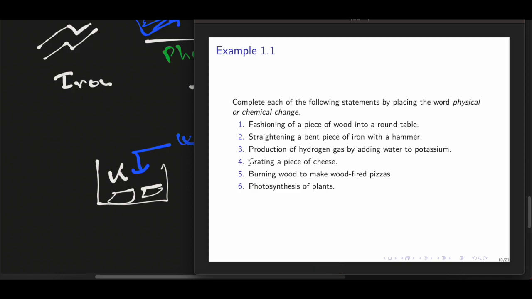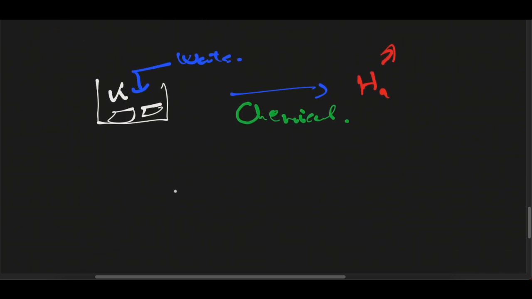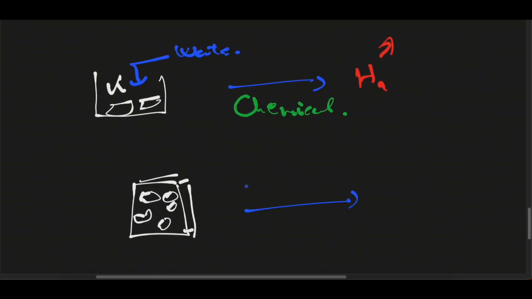The fourth one is grating a piece of cheese. So we have a piece of cheese, like this one. This piece of cheese is cut into small pieces using this piece of metal which contains holes.